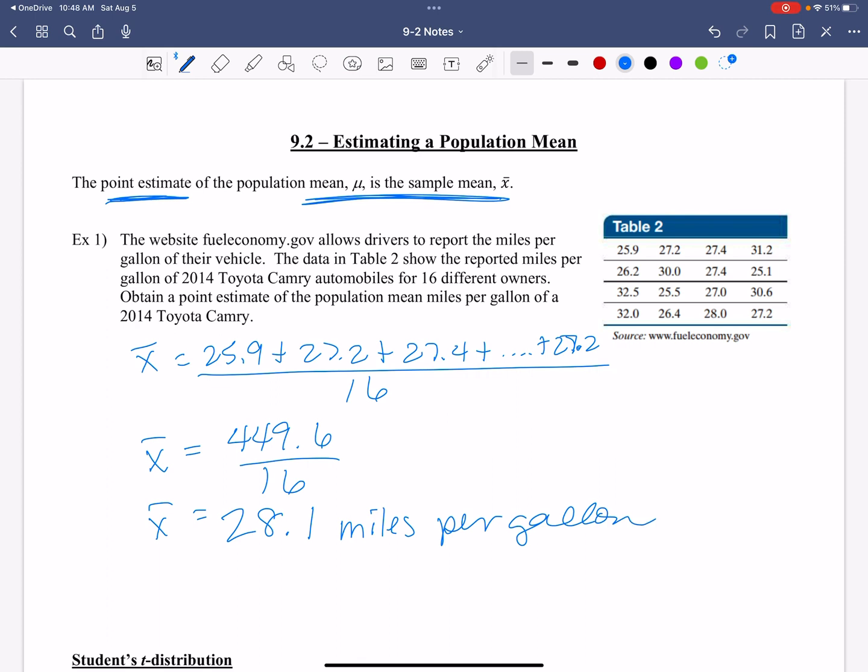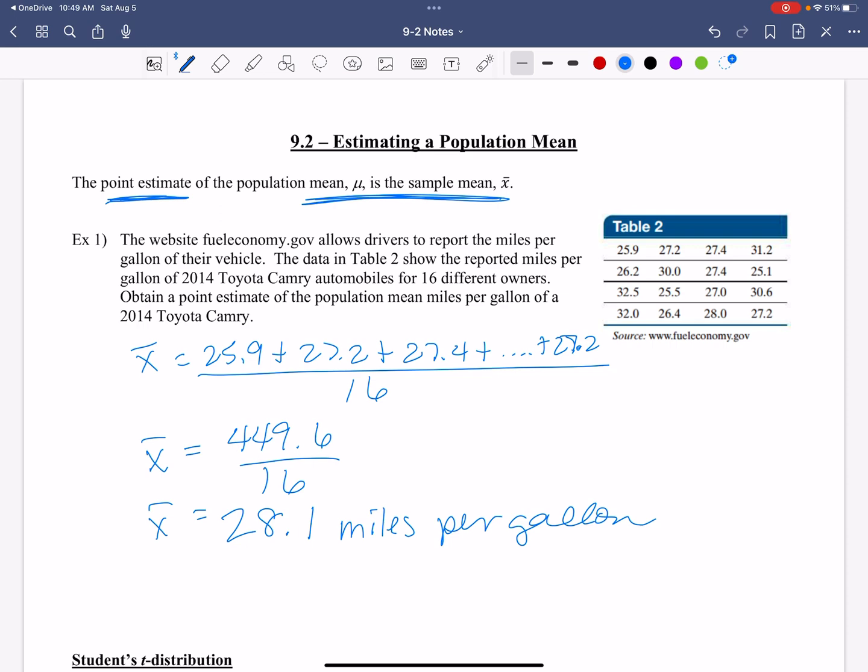That is our point estimate. All right. So that is our point estimate of mu, because we're taking what we're looking at here for our sample, and then we're estimating the population that goes with it. All right. Okay.